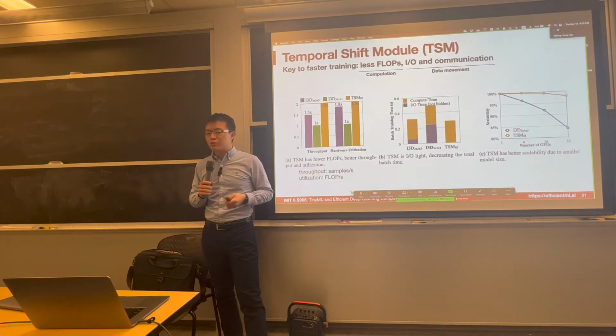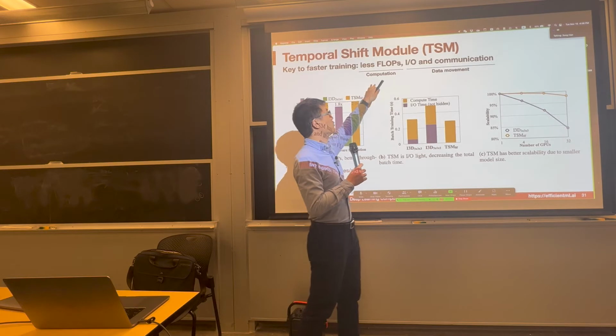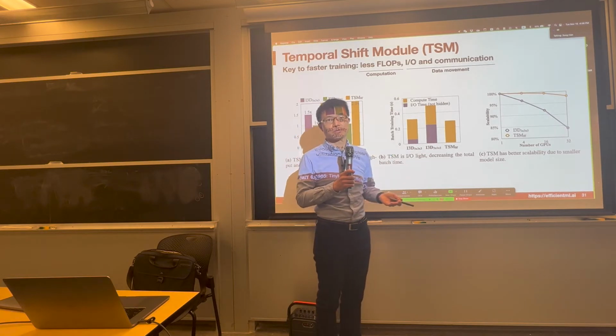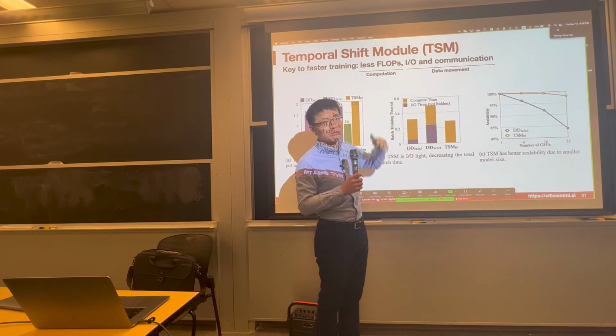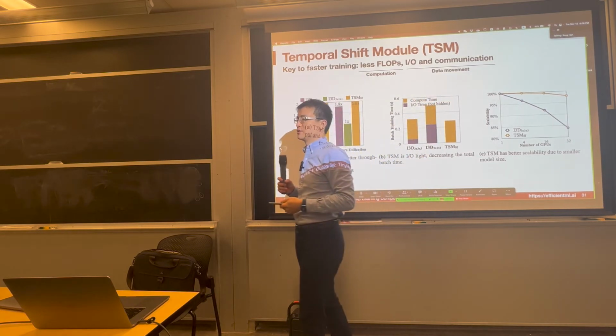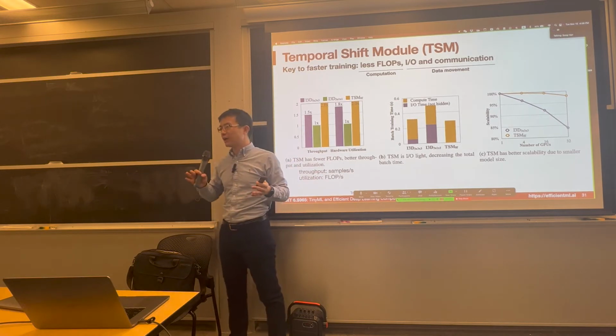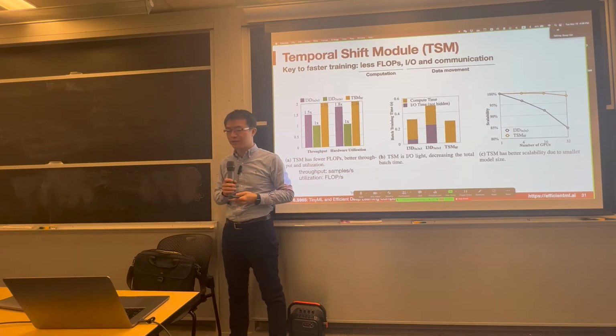So there are several principles for training speedup, right? Like we mentioned in the training section, we want to have fewer flops, so that we can save the computation time and also reduce the data movement. Okay, data movement, what are the aspects of data movement in this case?